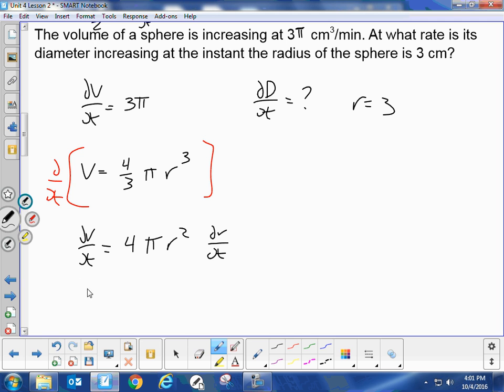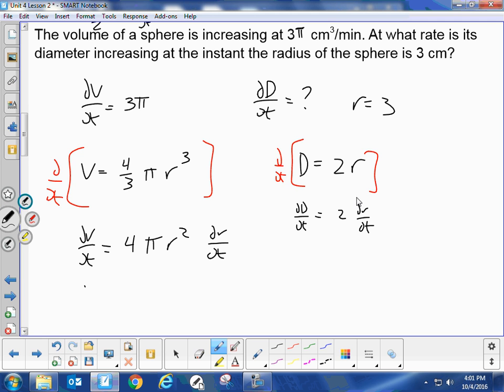Okay, so the radius is 3. Again, we'd have to understand the relationship between the diameter and the radius, the rate at which our diameter is increasing compared to the rate at which our radius is increasing.